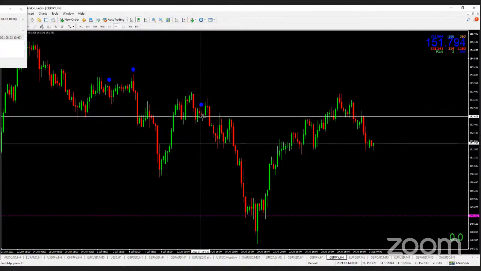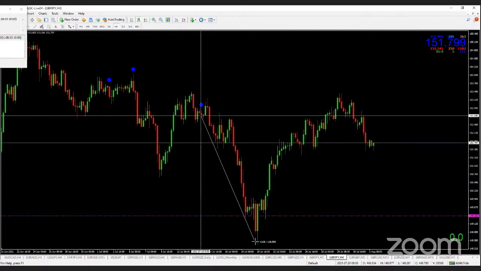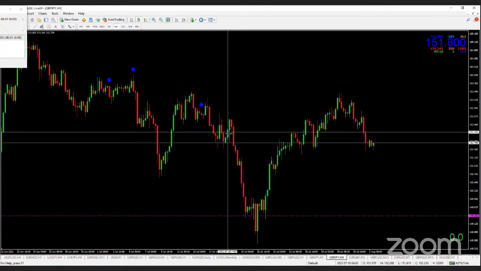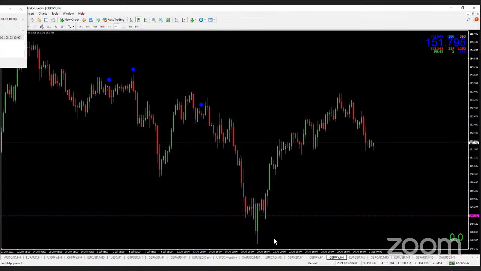So if you got in here, for instance, you would have swung, taking the swing as much as 400 pips or so. Or even if you came here as it began to pull back up, if you wanted to stay in, depending on how many pips you already had, you could have been able to get all these pips.